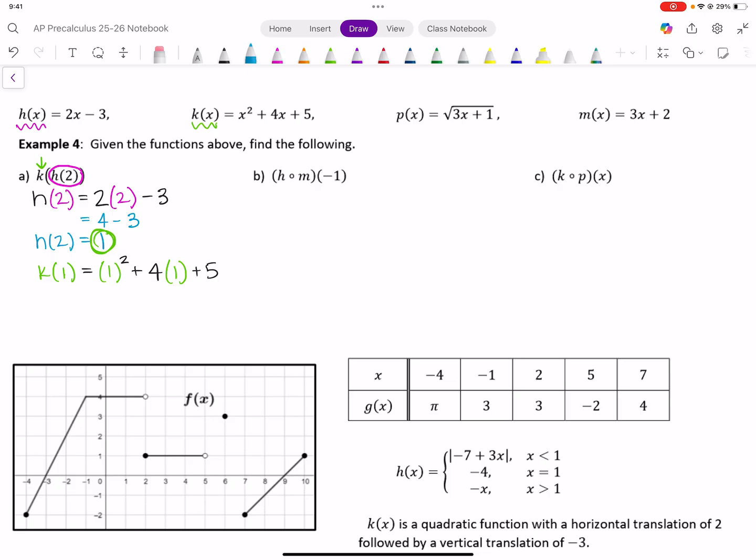And then we can do our exponents and our multiplication at the same time since they are not connected to each other. So 1 squared is just 1, 4 times 1 is 4, then bring down our plus 5. And then 1 plus 4 plus 5 means k of 1 equals 10, which means that k of h of 2 equals 10.